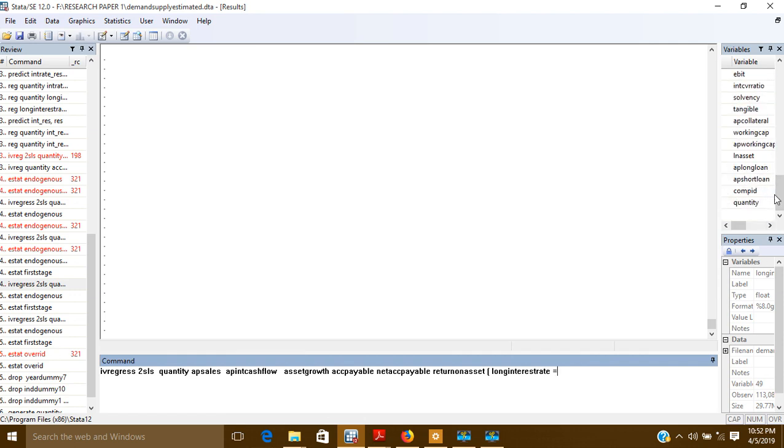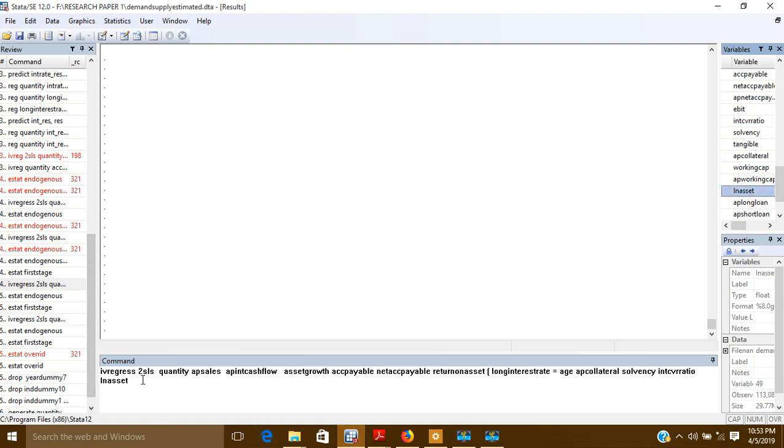The first one will be the age of the company, the second one will be the collateral, the third one will be the solvency, the fourth one will be the interest cover ratio, and the fifth one will be the assets.